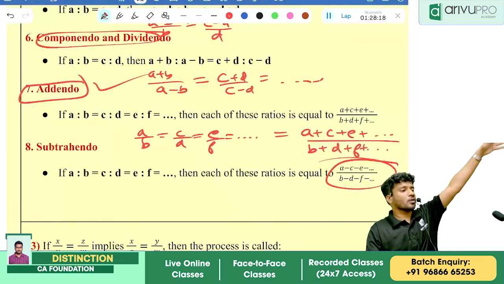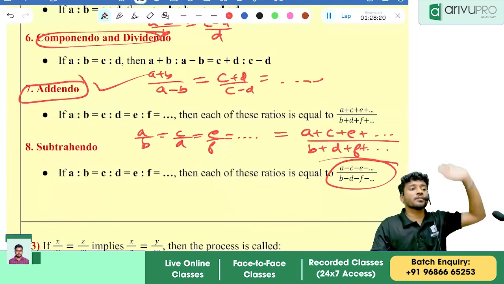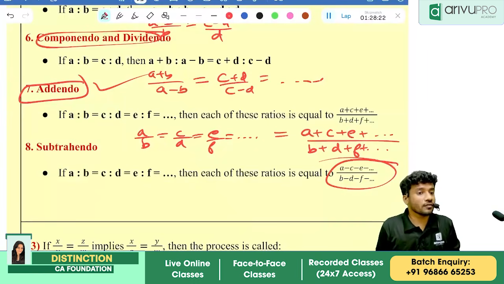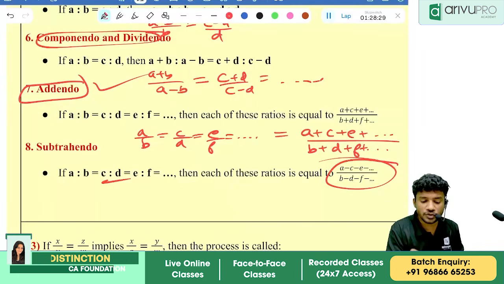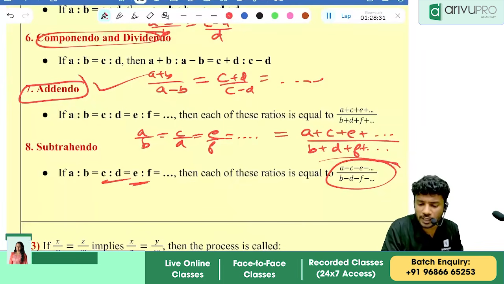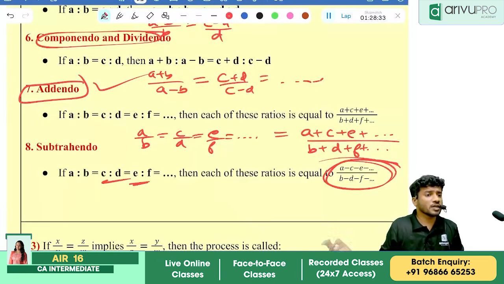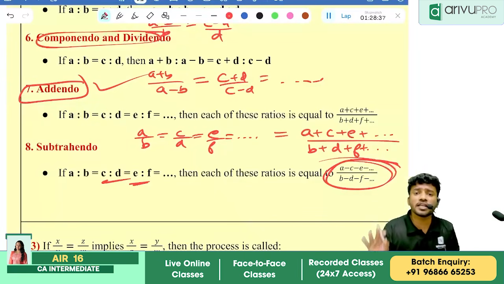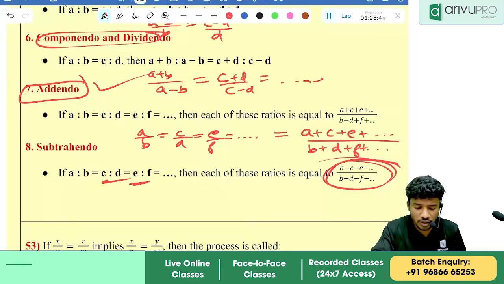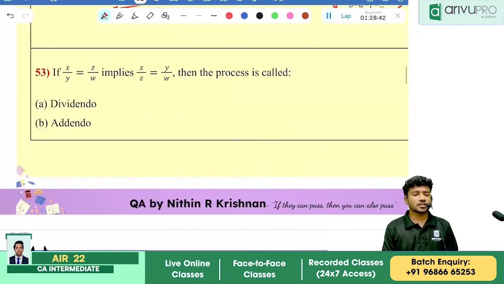We subtract all the numerator values divided by all the denominator values, and it will be equal to the individual ratios. A by B equal to C by D equal to E by F equal to A minus C minus E, etc., divided by B minus D minus F, etc. Tell me, what is this?